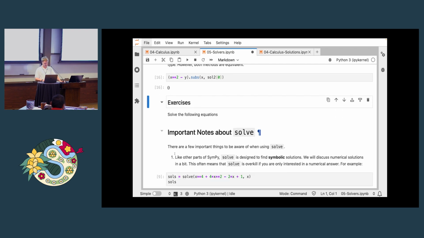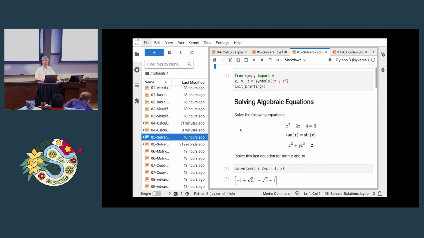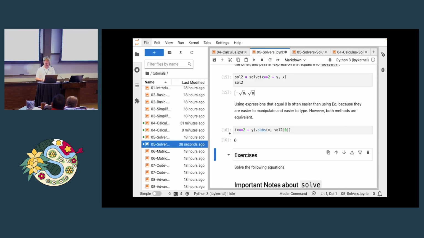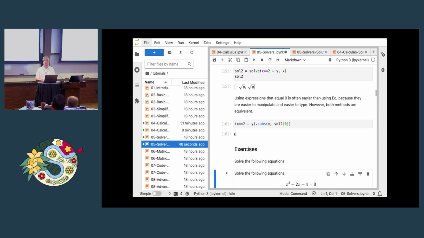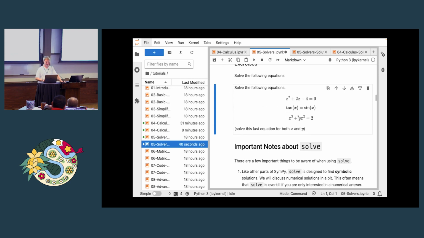And I don't know what happened to the exercise here. Okay, well, if you want to see the exercise, you have to open the solution notebook because they somehow got deleted. Yeah, the exercise is to solve these equations for x.